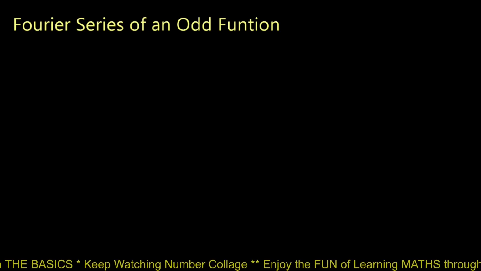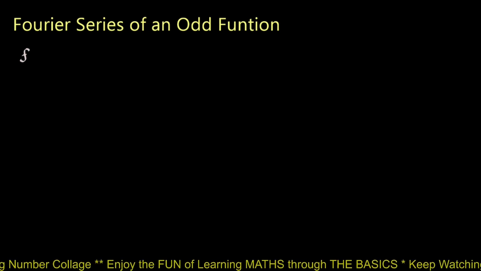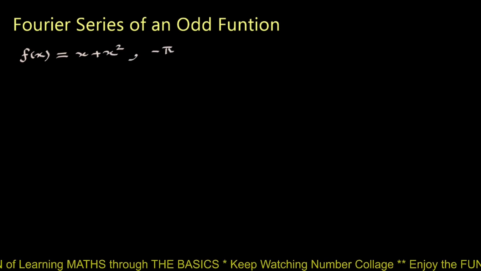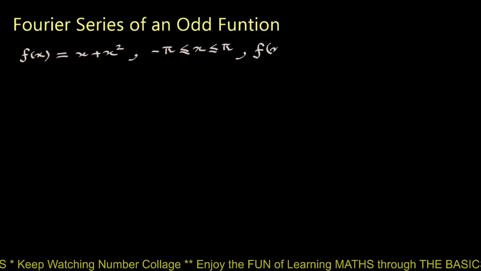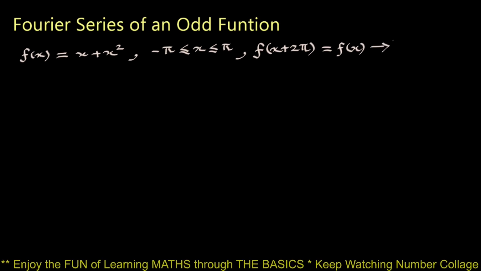Let us discuss how to find the Fourier series of an odd function. Let us obtain the Fourier series of the function f(x) equals x plus x square, where x lies between minus pi and pi, and f of x plus 2 pi equals f of x, implying this function is periodic.